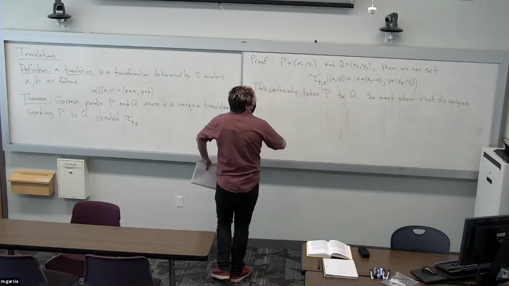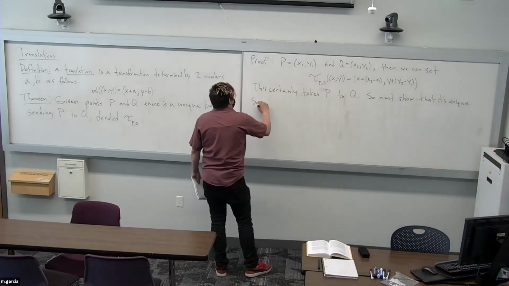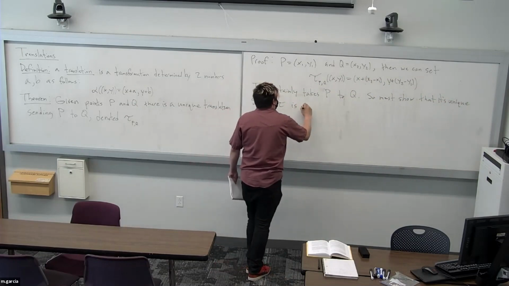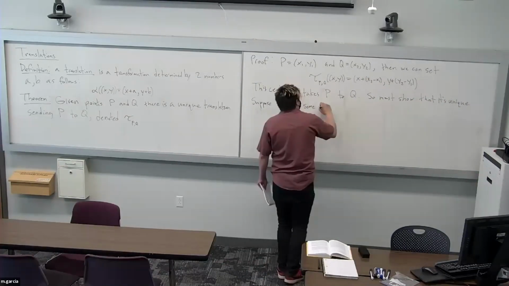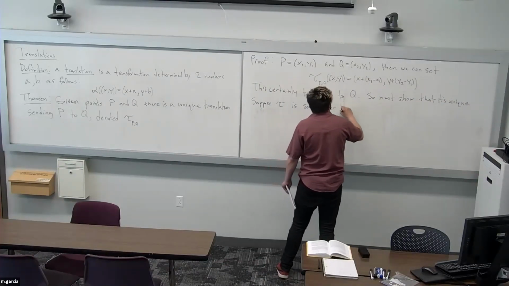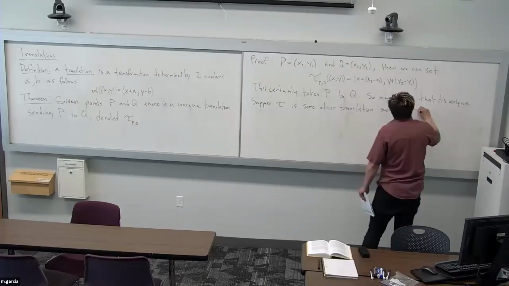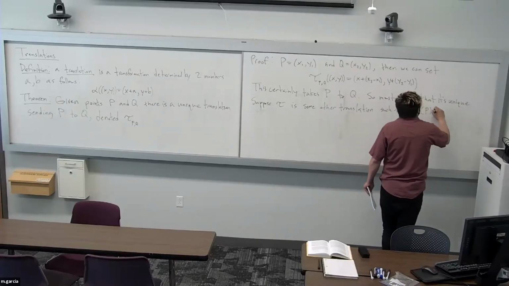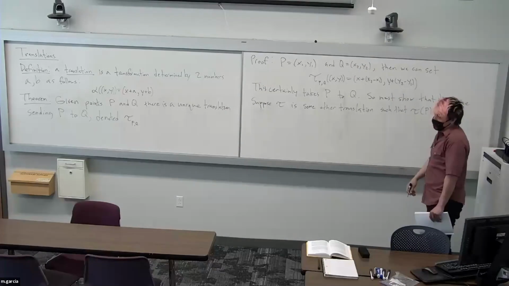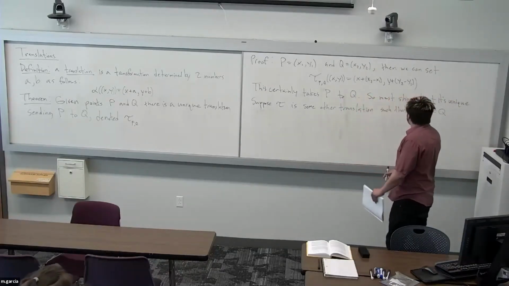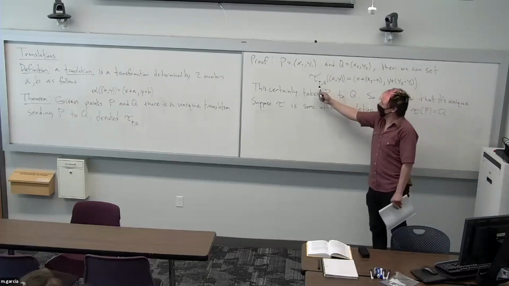Okay, so let's say, suppose tau is some other translation such that tau of p is equal to q. Okay, and then our goal is to show that tau is equal to tau sub p comma q.